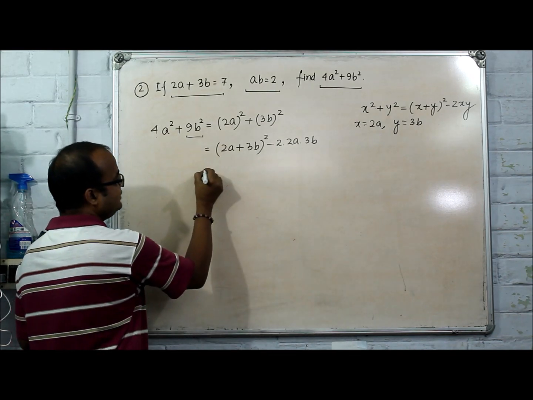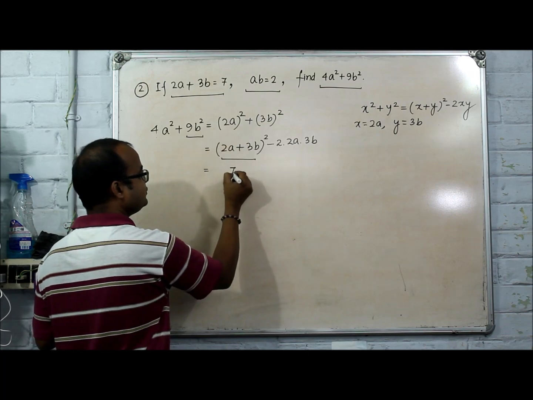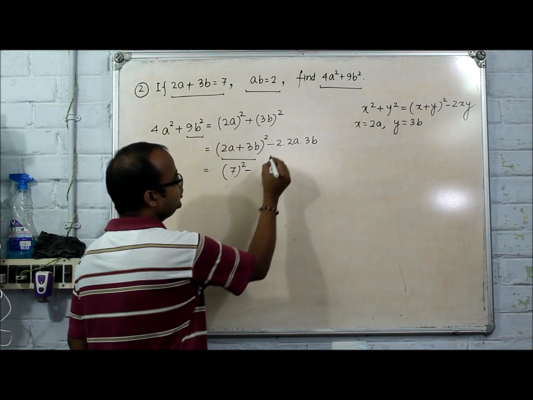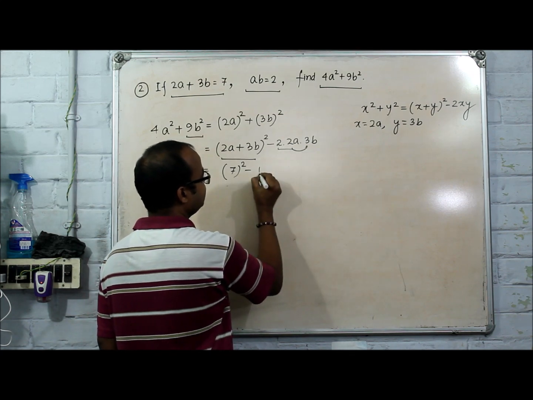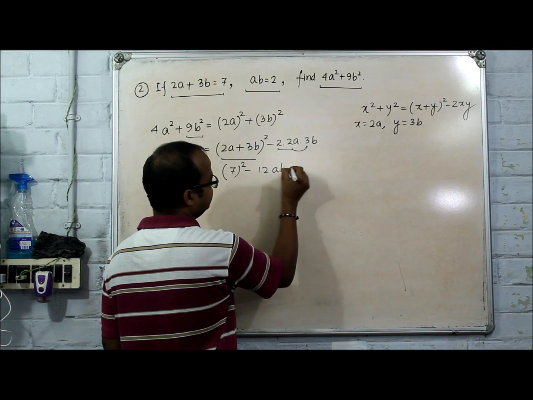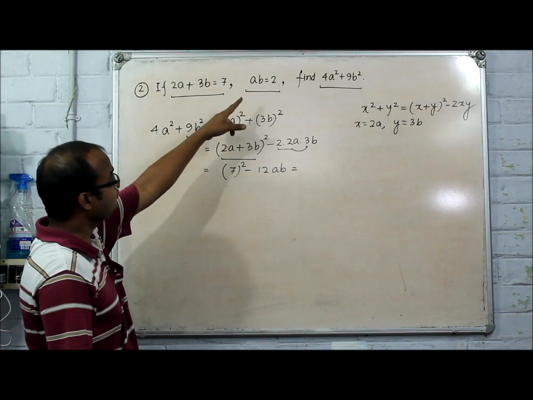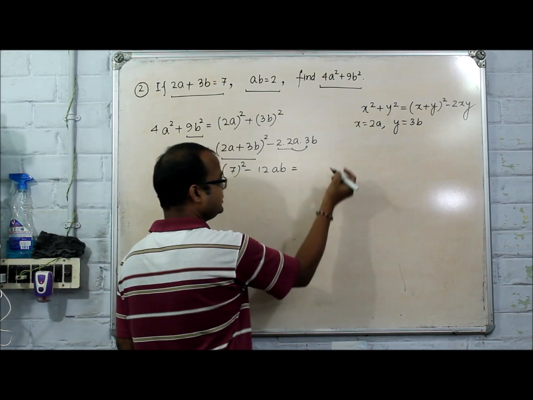Clear? Now 2a plus 3b is equal to 7. So we write 7 square minus 2 into 2 into 3, 2 fours are 4, 4 threes are 12, so 12ab. In this step as well you can substitute the value of ab is equal to 2. For your convenience I am using the next step.